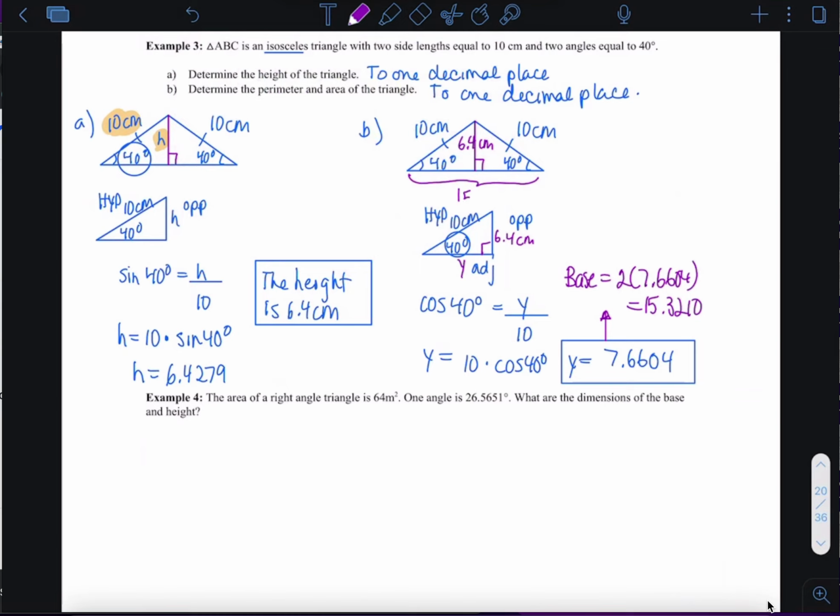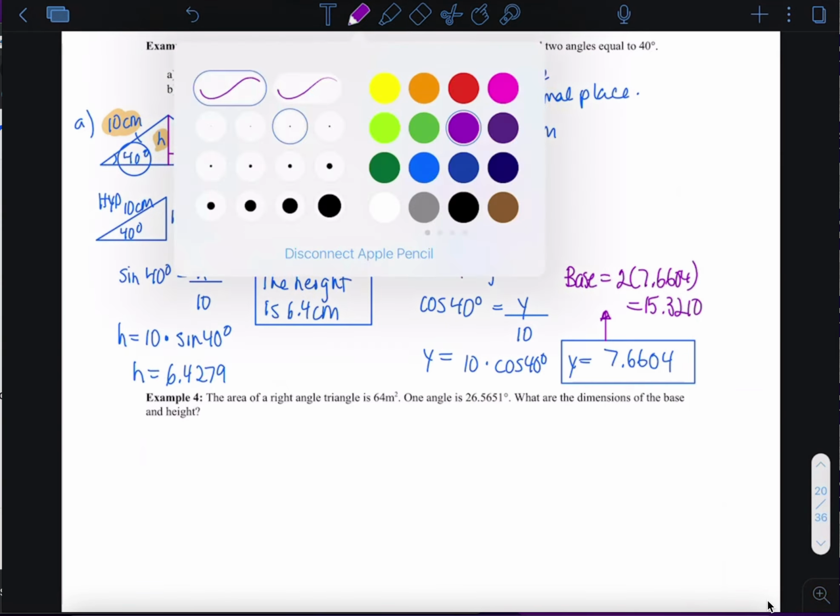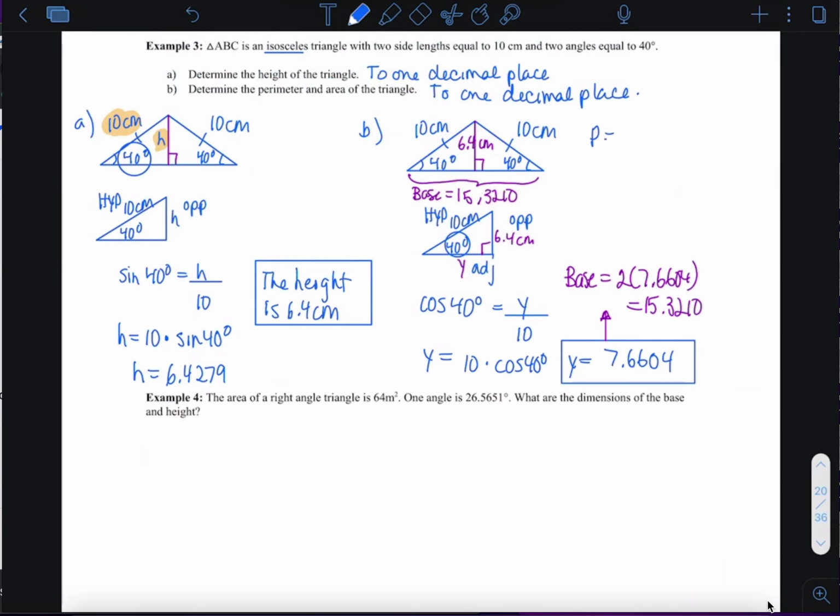So this distance here is 15.3210. This is the base of our triangle. Okay, so I know that perimeter happens when I add up all of the sides. Let's do this to 1 decimal place. So the perimeter is 35.3 centimeters.